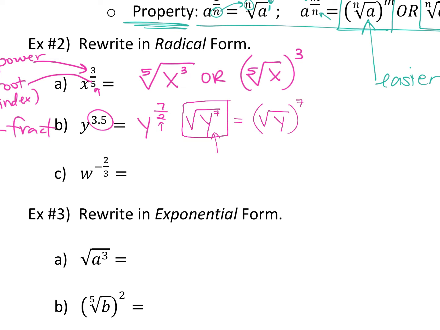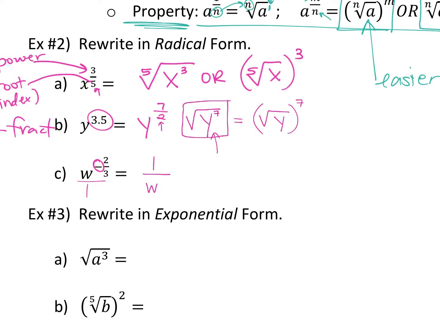Okay, now we get a little fancier yet. This negative right here changes things a little bit. Remember what we do with negative exponents? If there's a negative exponent, we move it from numerator to denominator or denominator to numerator. So right now, this is a numerator, right? It's like saying this over 1, if you will. So we're going to put a 1 on top, and we're going to move w to the bottom.